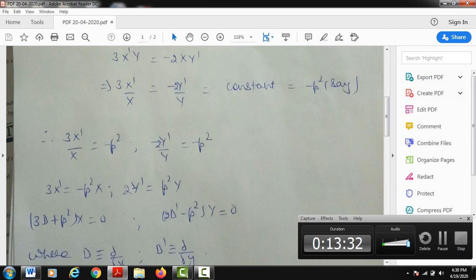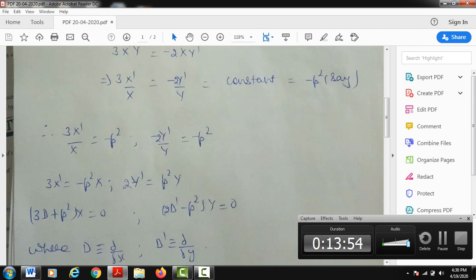Pay attention to whether the equation you have derived is homogeneous or non-homogeneous, because if it is homogeneous, then the complete solution will contain only the complementary function, and if it is non-homogeneous, then it will contain the complementary function as well as the particular integral.